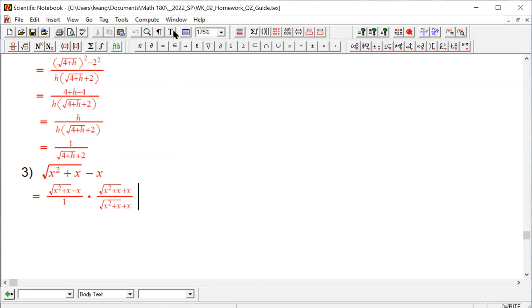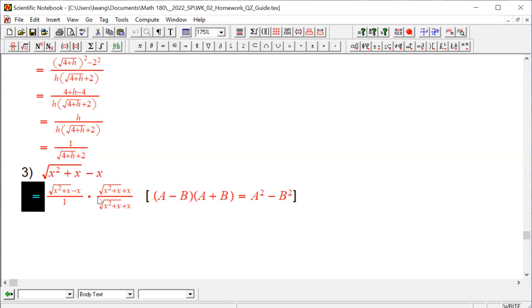So once again, we're going to use that property, right? a minus b times a plus b equals a squared minus b squared.